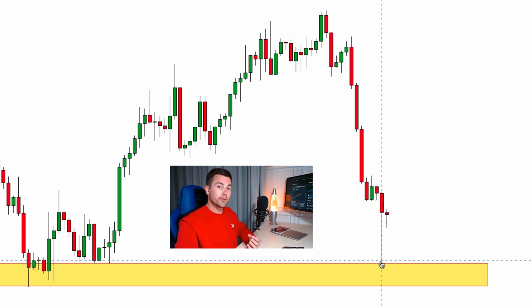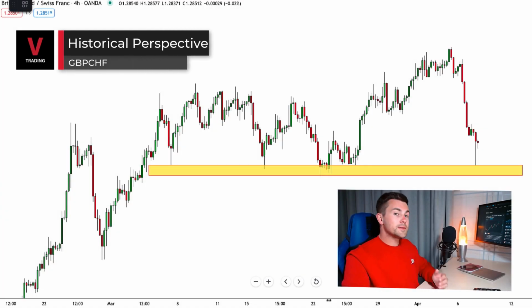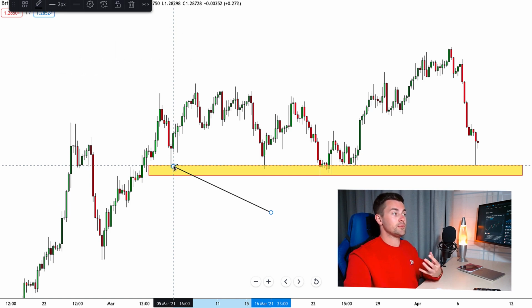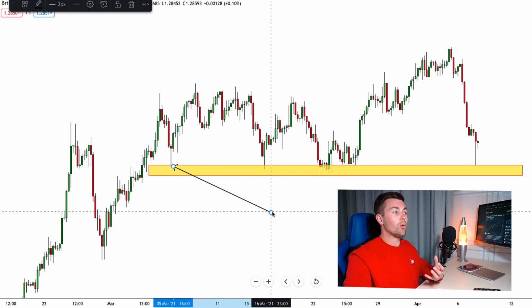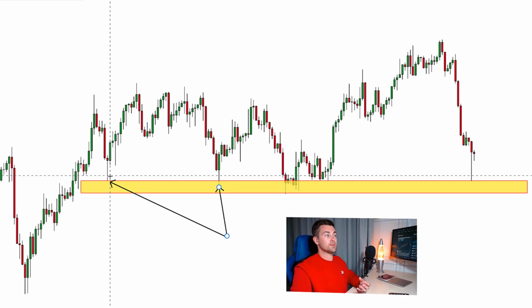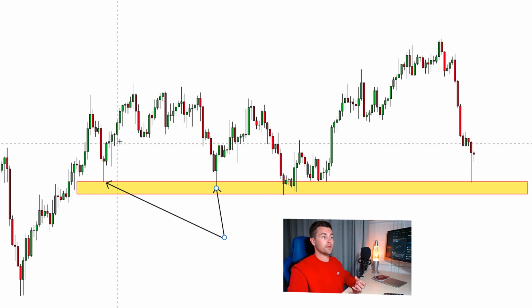Now let's zoom out the chart and analyze that in more detail. So what is peculiar about the structure that we just identified? If we analyze the historical price action, you can see that in the past, the market was multiple times rejected from that structure. Yes, we saw a very nice rejection right here, and then the market started to grow.